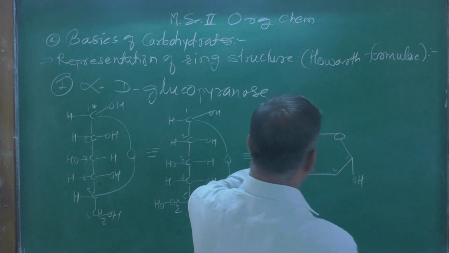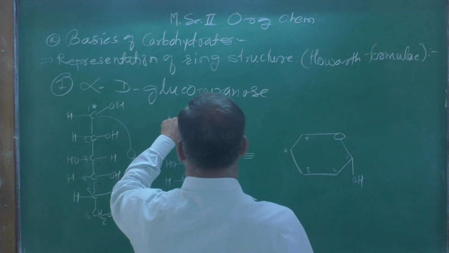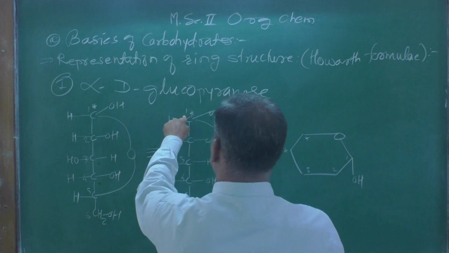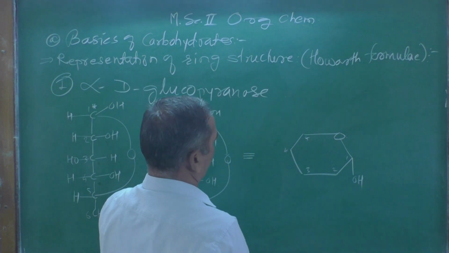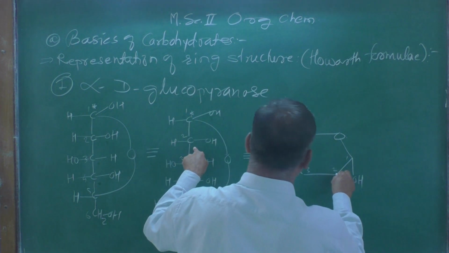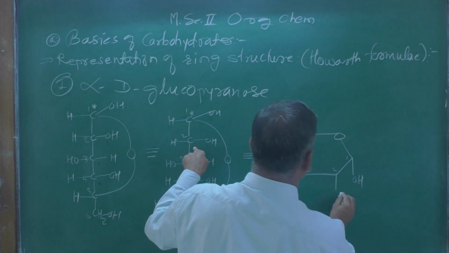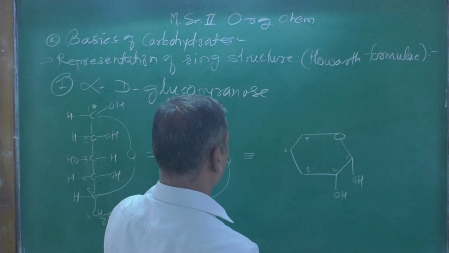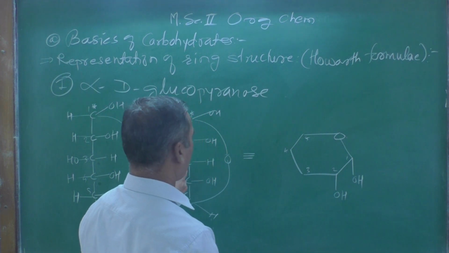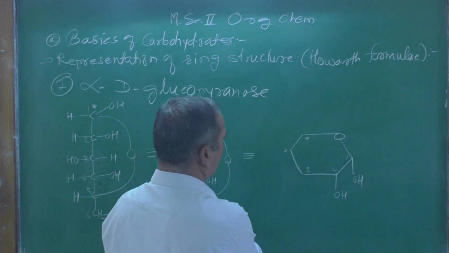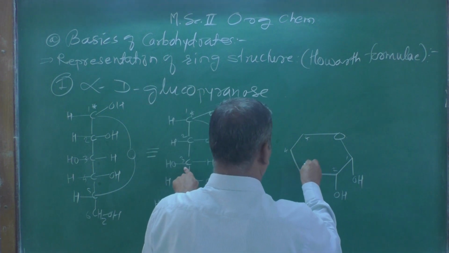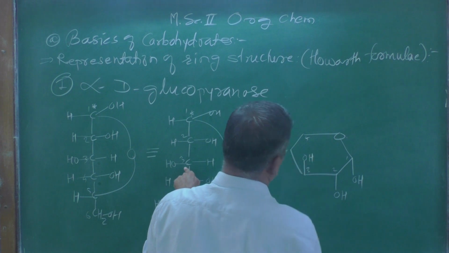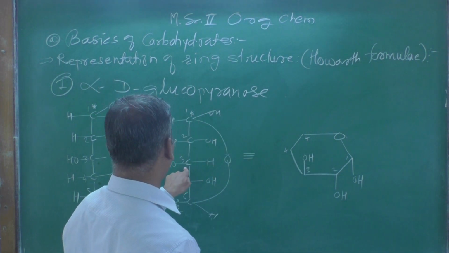Now look at here at carbon number 1, this is a chiral center, additional chiral center, or we can call it as anomeric carbon atom. At carbon number 2, hydroxy group is on the right hand side, so you should mention it below the plane. Now look at carbon number 3, hydroxy is lying on the left hand side. You must show that hydroxy is above the plane.